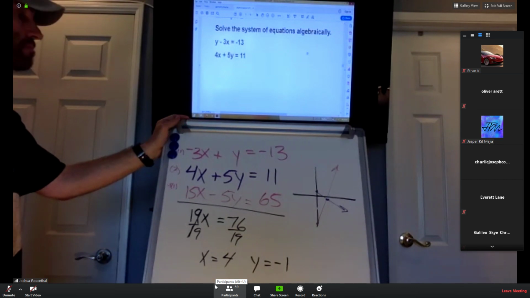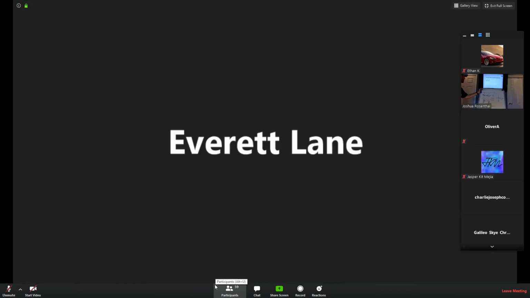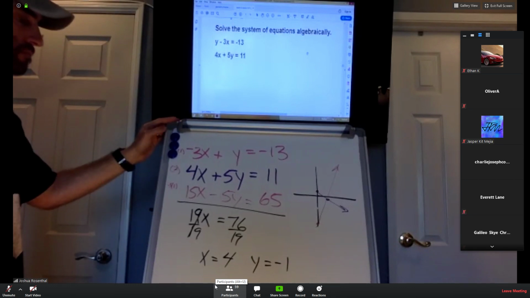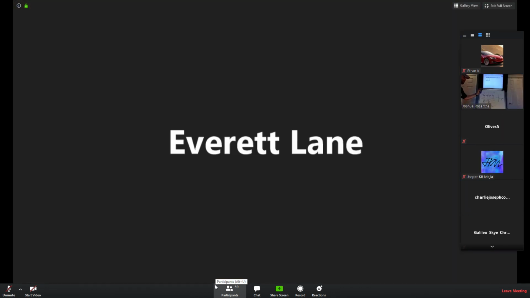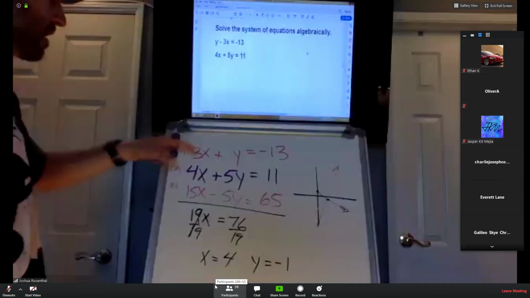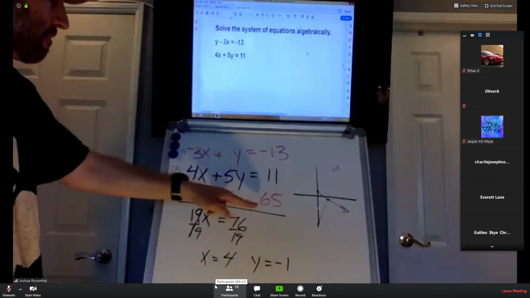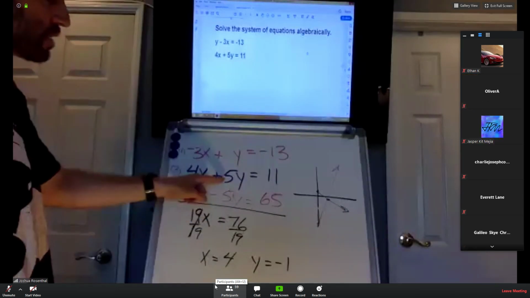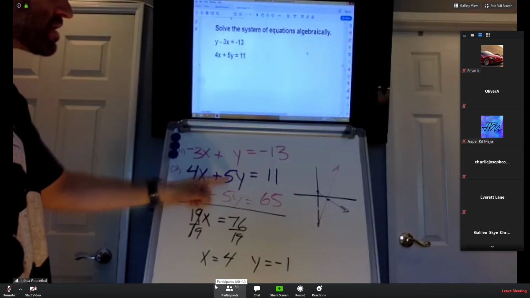Anybody else? Yes. You might have already answered this, but why are you multiplying? It looks like you're multiplying because you're obviously not adding stuff. Are you talking about from this pink line to this pink line? Well, what was I able to do when these were opposites and I added them?